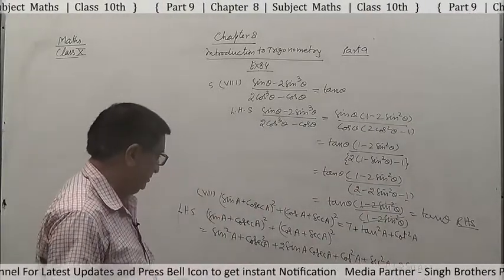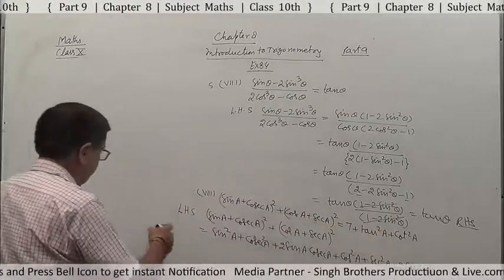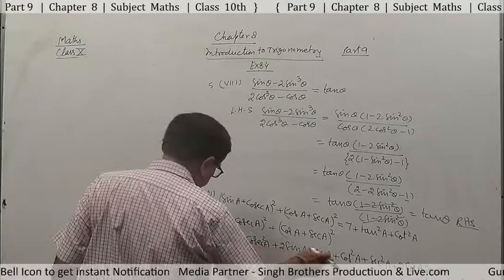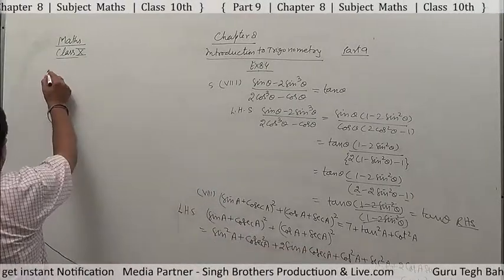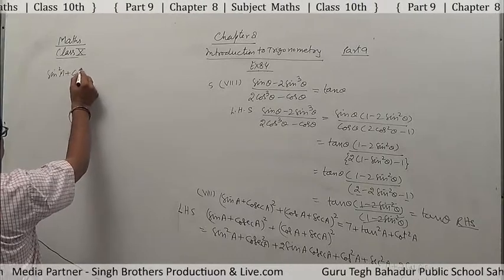We need the answer in form of tan and cot. This sin square A plus cos square A written in combined form, that means in a bracket.